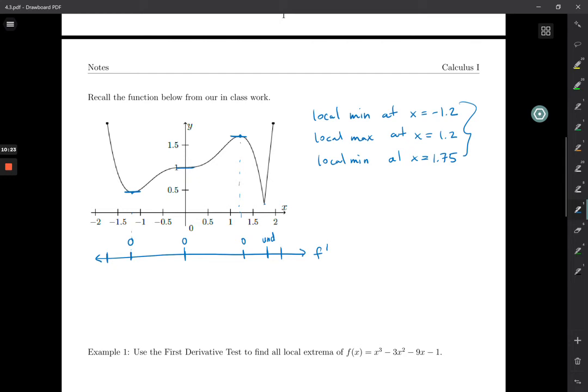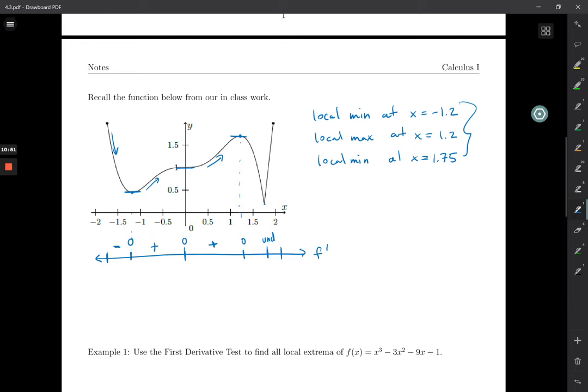On this first piece, starting from the left, the function is decreasing, so I'll put a negative sign over that interval. After that, the function is going up, so it's increasing until we get to this point where we have the horizontal tangent. Now, after that point, the function keeps increasing, so we'll put a plus here.